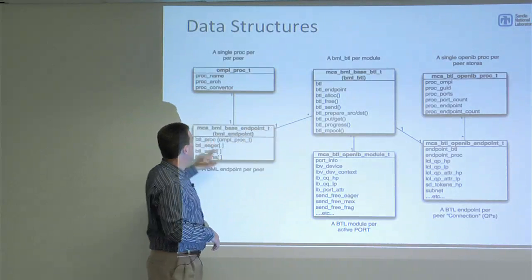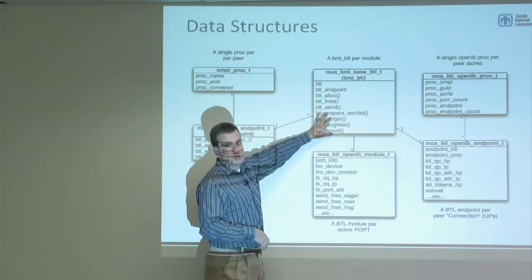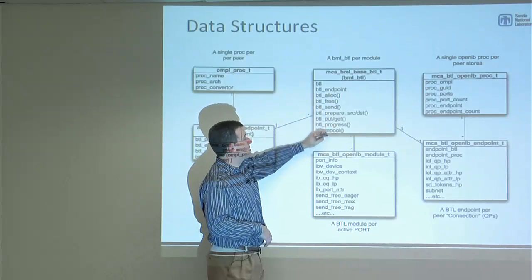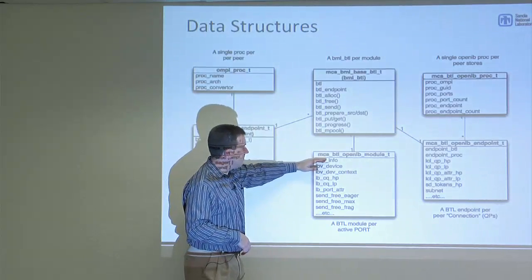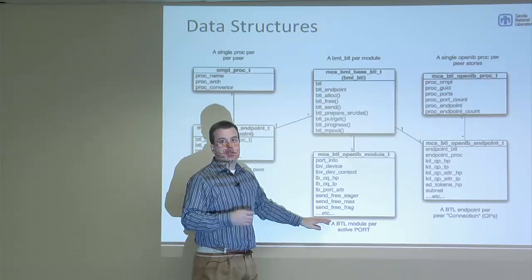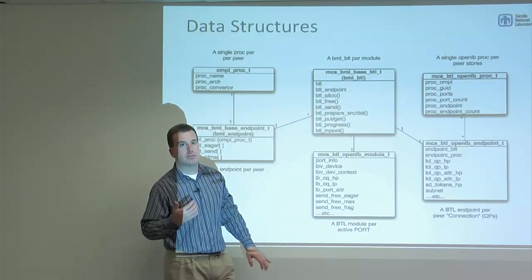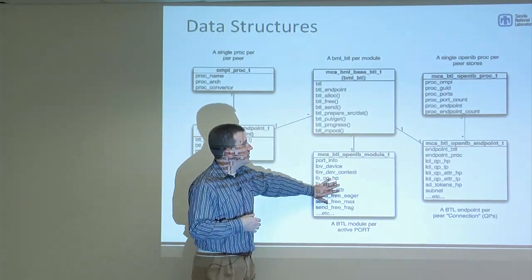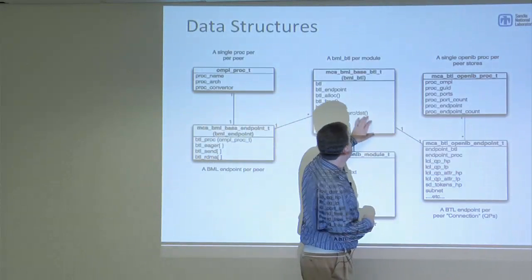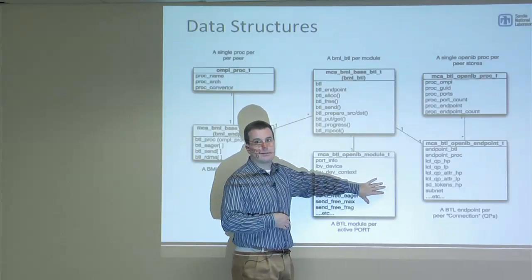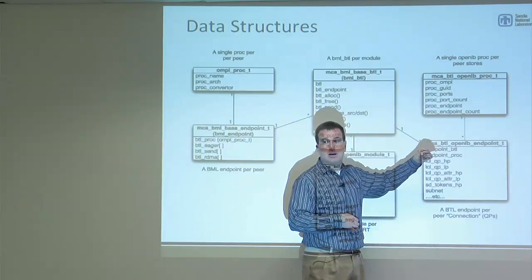Associated with each entry in this list is this BML BTL structure that includes the function pointers and a module pointer, which is the module interface that Jeff would have talked about this morning for talking to a given component instance, as well as for each instance of a component, there's the endpoint that was passed back up.